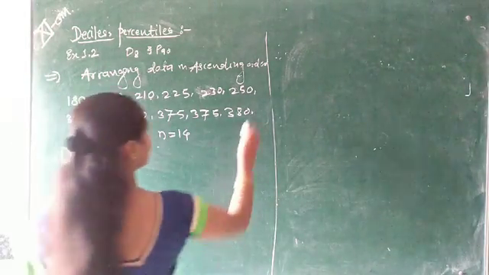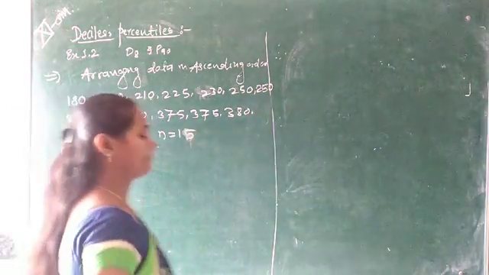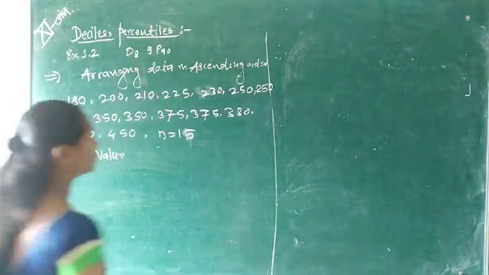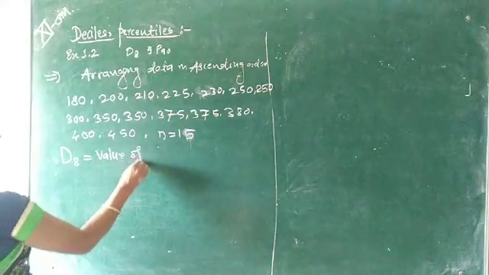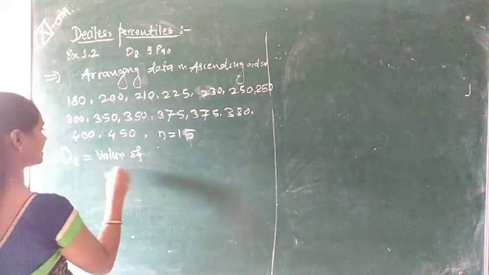See here, 250 is again double. Here 3 observations are double, 250, 350 and 375. So write the value, because if your observation is missing, then your answer gets incorrect.